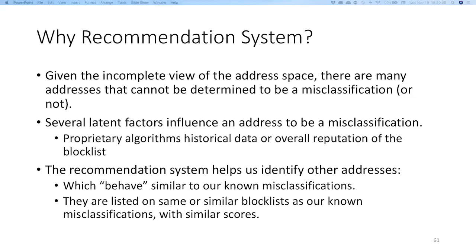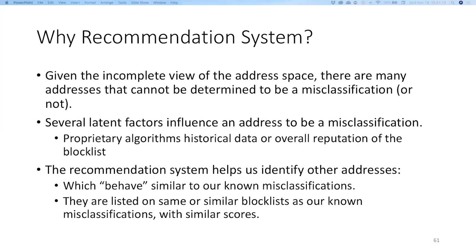One of the examples which I covered earlier was that some of the blocklist maintainers have proprietary algorithms by which they decide which IP address should be legitimate and which IP address should be malicious. And this proprietary algorithm is unknown to us, and therefore we don't know what constitutes an IP address to be a misclassification.